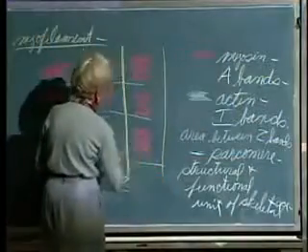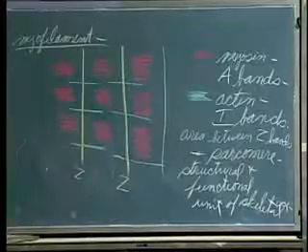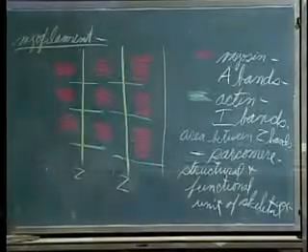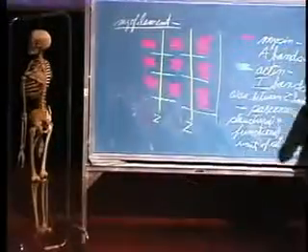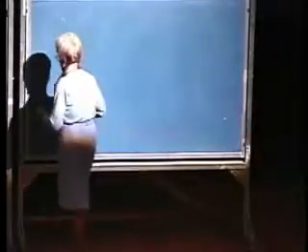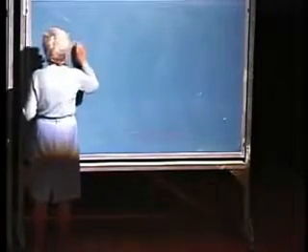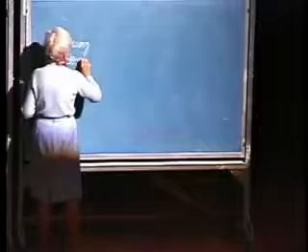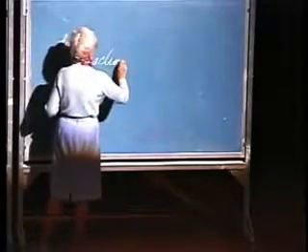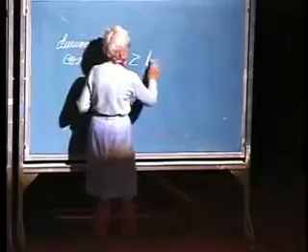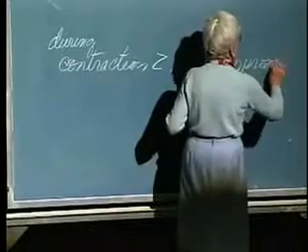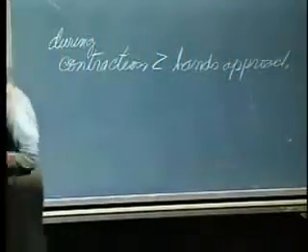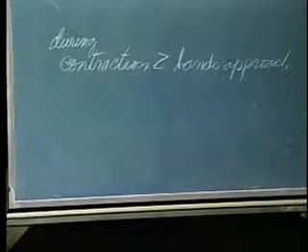All right? So this is then the structural and functional unit of skeletal muscle, that we've got your Z bands all the way along. But now, during contraction of the muscle, the Z bands approach each other. During contraction, Z bands approach each other. Now, does that mean that the actin and myosin are going to change their length during contraction?